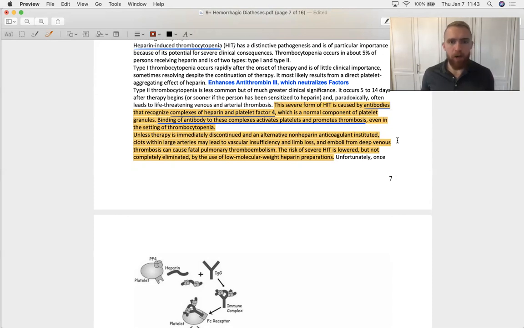You give someone the drug, it makes a complex with platelet factor 4, heparin plus platelet factor 4, and this shape attracts an antibody, and when the antibody binds to this heparin platelet complex, the platelet degranulates and goes and puts von Willebrand factor on a wall and sticks to that wall and grabs other platelets. It's platelet activation. It's like, duh, that's what happens.